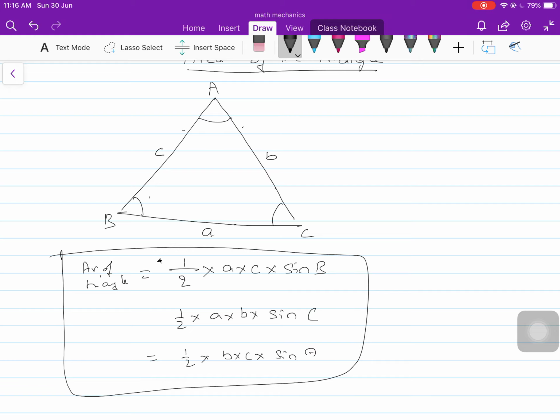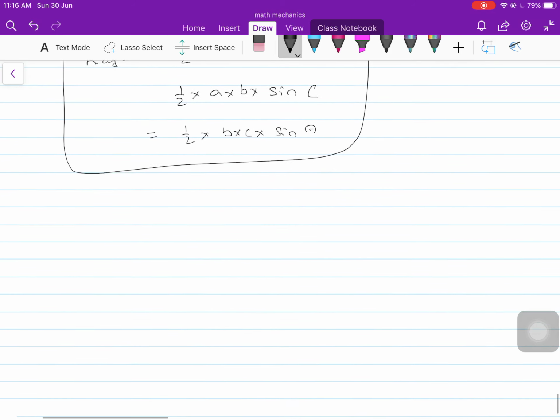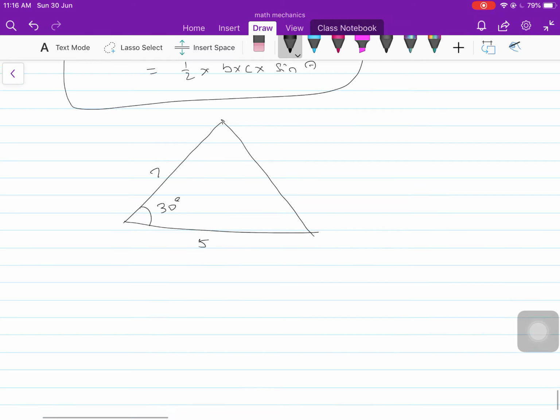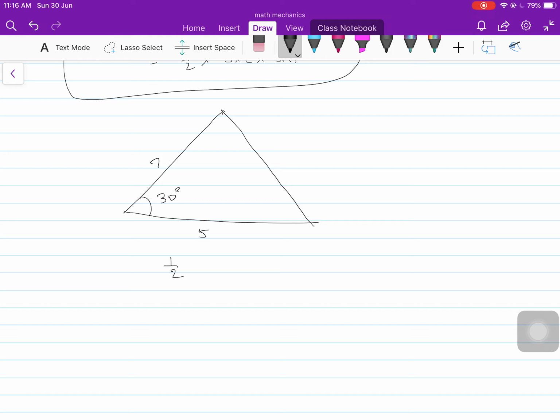Proof of this I'll explain in the next video. Okay, let us do an example. Suppose you have a triangle, this is 7, this is 5 and this angle is 30 degrees. How do you find the area of this triangle? The area would be half into 5 into 7 into sine of 30 degrees.